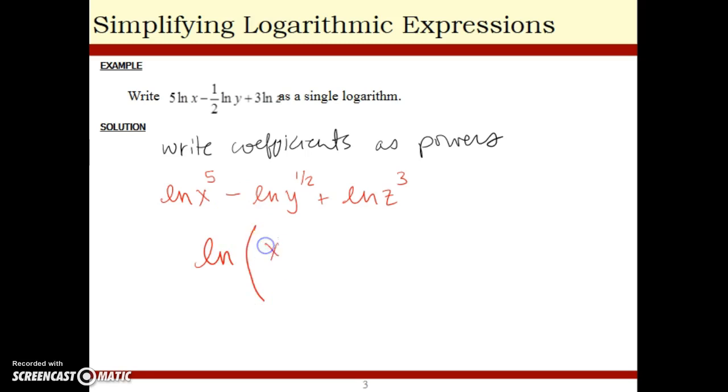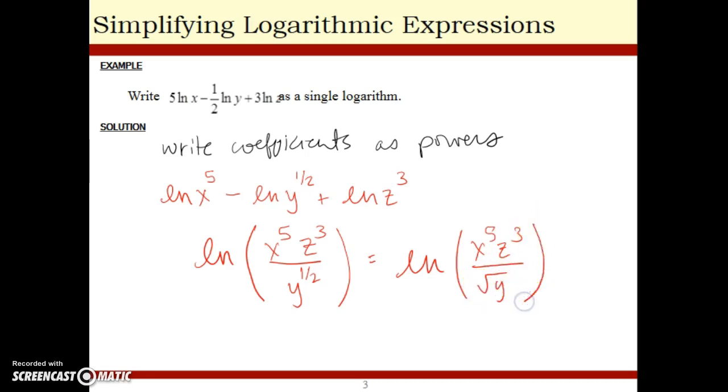We're going to have x to the 5th and z cubed in the numerator, because those are both positive, but our denominator is going to be y to the 1/2, which is the same thing as saying natural log of x to the 5th z cubed over the square root of y. Remember, whenever you have separate logs added and subtracted, the positive logarithms go in the numerator, the negative logarithms go in the denominator.